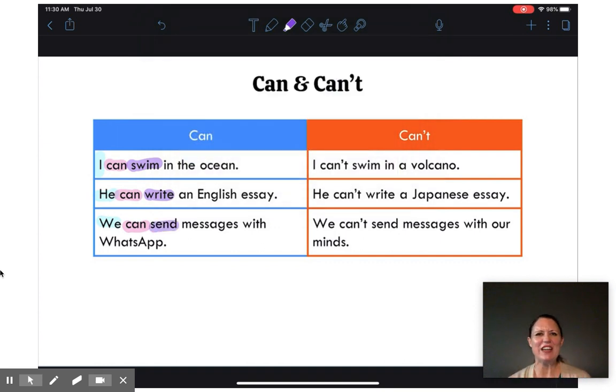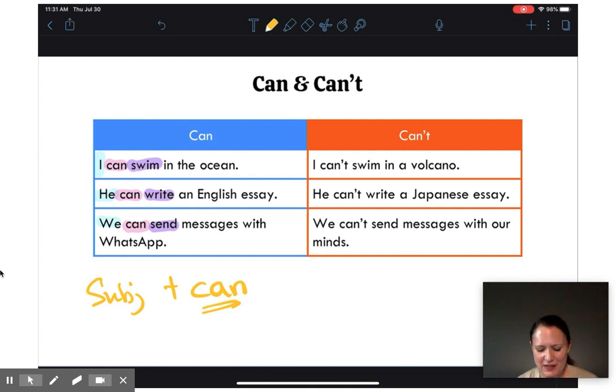It's so easy. We have subject plus always can. It doesn't change. Singular subject, plural subject, I subject, all subjects, it is can. Easy, right?